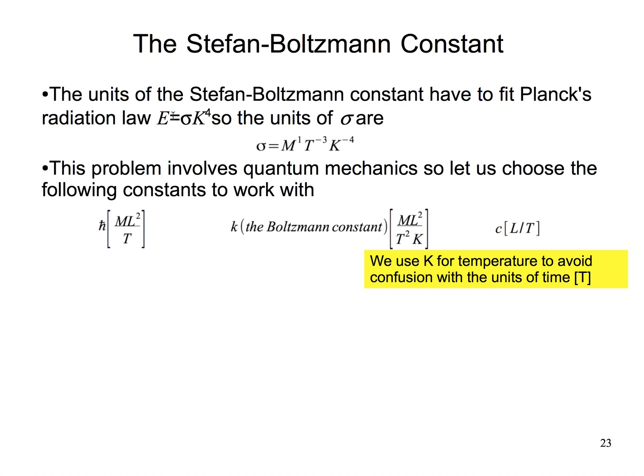Right? So that tells us what the units of this constant should be, and they turn out to be mass to the 1, T to the -3, K to the -4. That comes from knowing the units of energy.